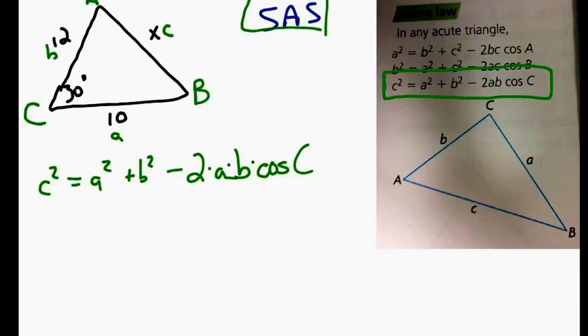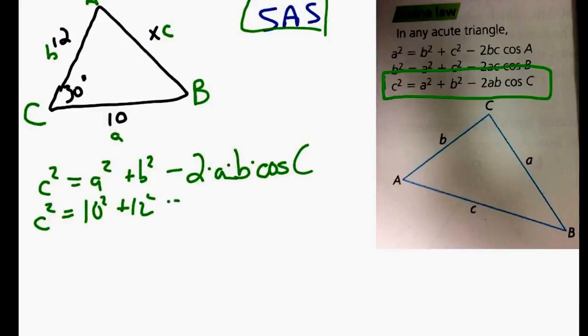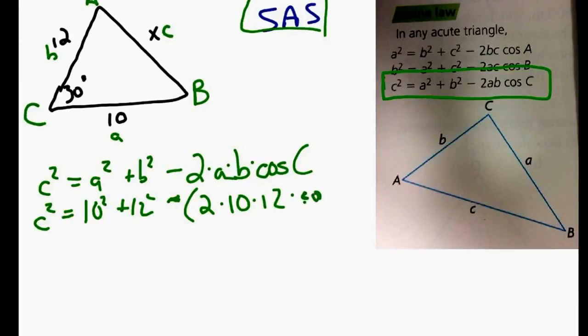So A was our 10 side, so 10 squared. B is 12, so plus 12 squared. And subtract, let's use brackets, 2 times 10 times 12 times cosine of 30.